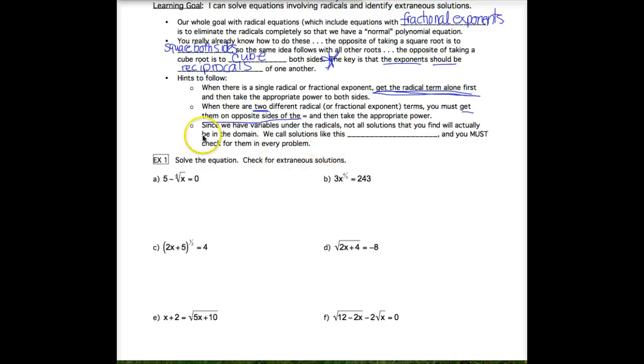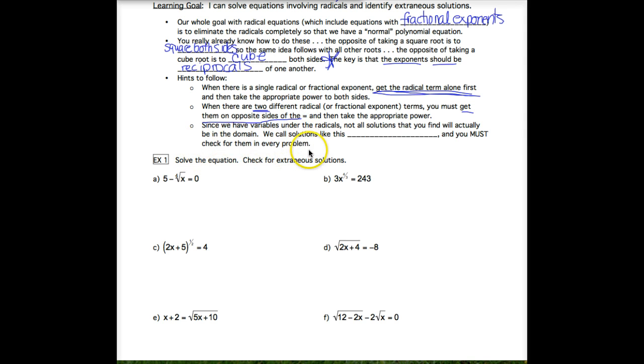Now, the part that is new and that can be a little tricky is that since we have variables under our radicals, not all the solutions that we come up with will actually be in our domain. This is one reason why we went through domain in the first couple sections again. Because sometimes when you get rid of the radicals and you solve what's left, you come up with an answer that actually, when you plug it back into the radical, would give you an imaginary solution, which we're not allowed to have.